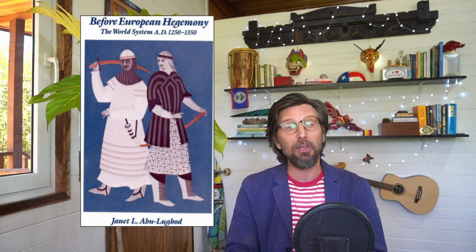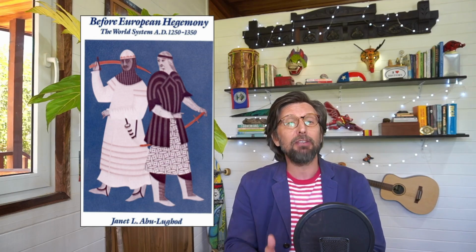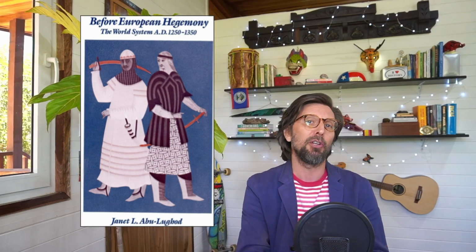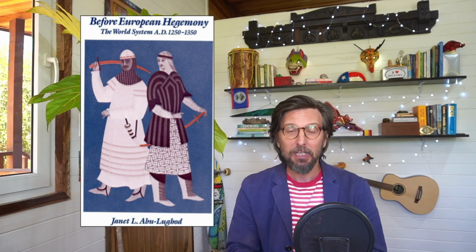But then you have scholars like Abu-Lughod who say, well, that's true, but we can take the Eastern Hemisphere and the Western Hemisphere on their own and see how they function as a system. So really important book. There's been a ton of research since the book came out to back up her conclusions too. But for our purposes today, we're going to use something a little bit shorter.